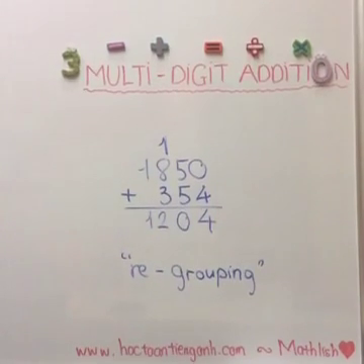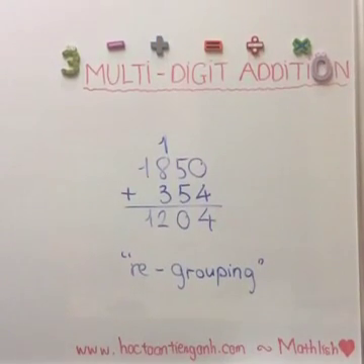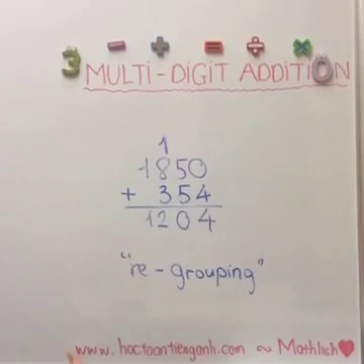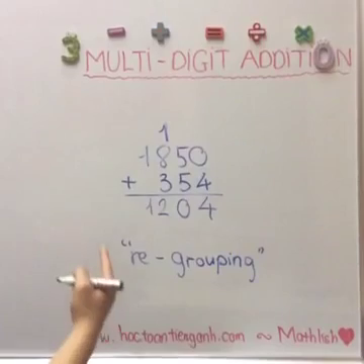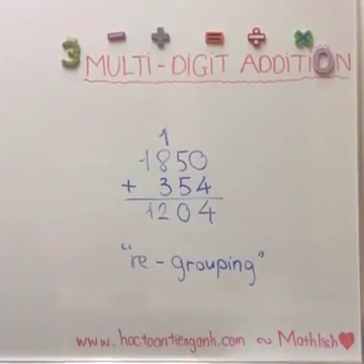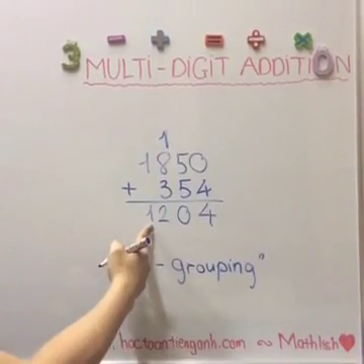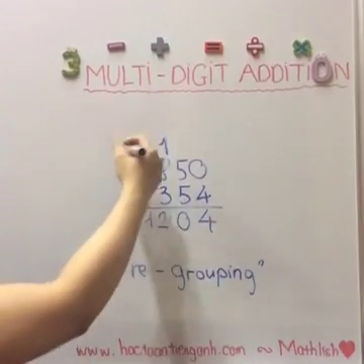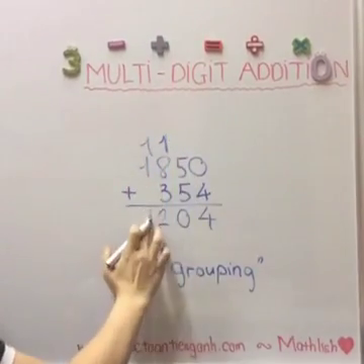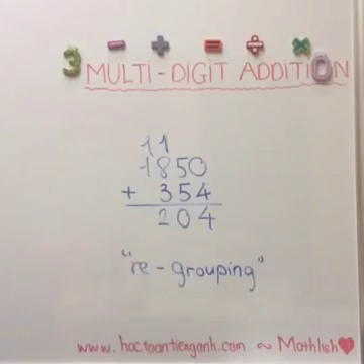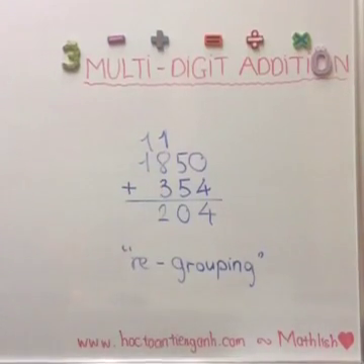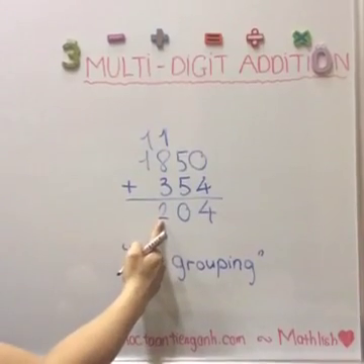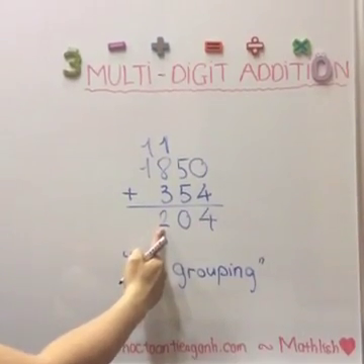Alright, it looks like we will have to carry again, because we are going to need this answer spot for the next column to the left. So we carry the 1 up to the top of the next column and leave our 2 where it is in the hundreds place of the answer.